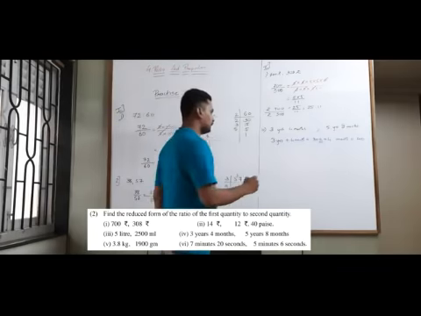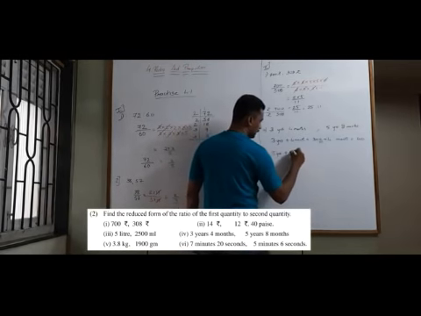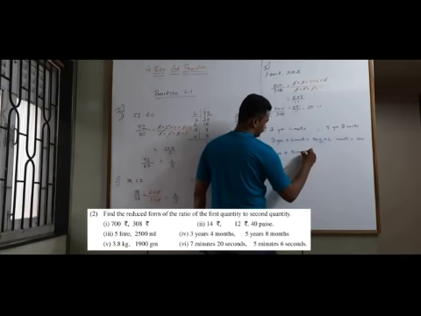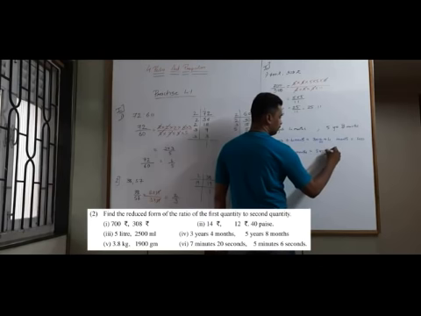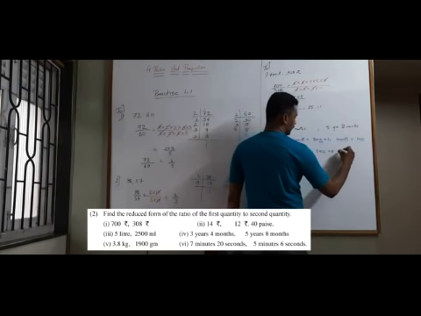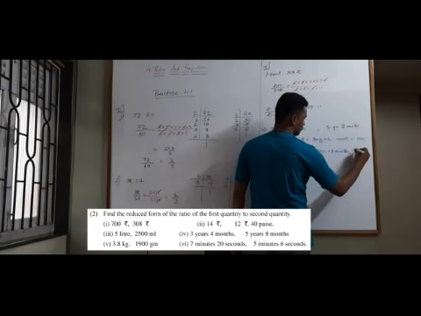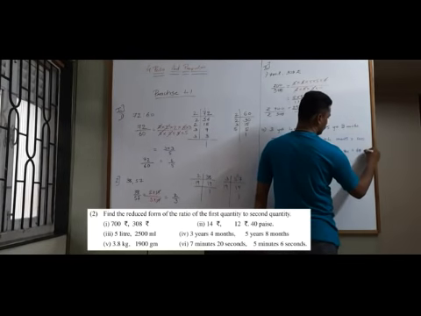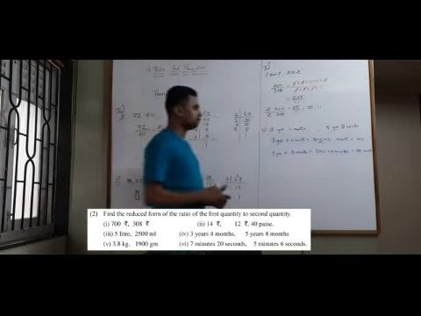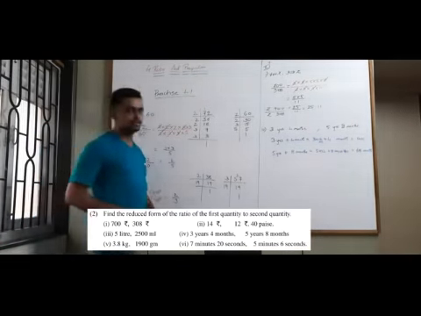The next number is 5 years plus 8 months, which will give me 5 into 12 plus 8. 5 into 12 is 60, plus 8, 68 months. Now both the values that I have are in months.